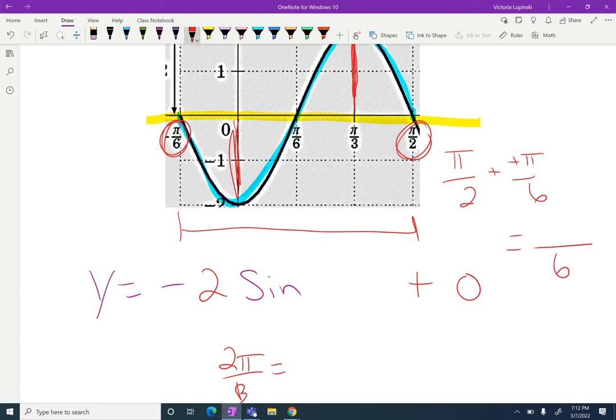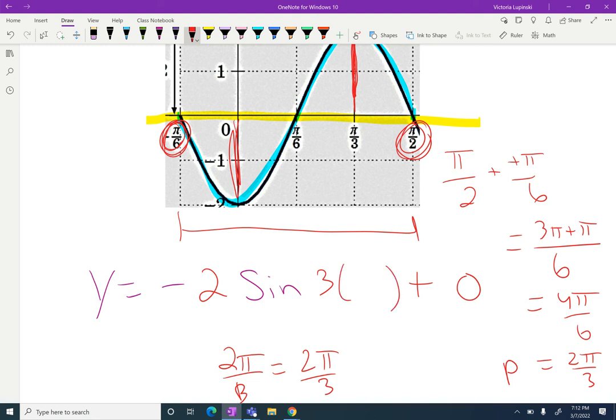In order to add these, you would do a common denominator. So this would be 3 pi plus pi, which means 4 pi over 6, which would reduce to 2 pi over 3. And again, this is the period, which is the distance from the beginning to the end. So if 2 pi over b is equal to 2 pi over 3, you know that the b is 3.